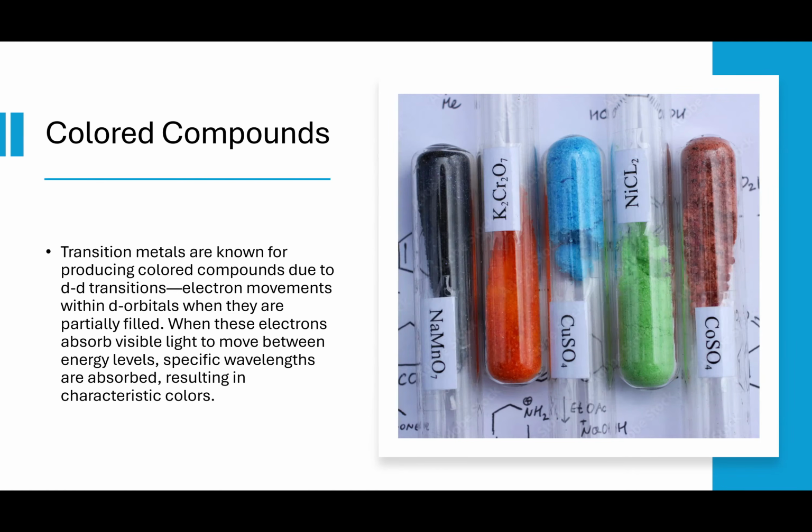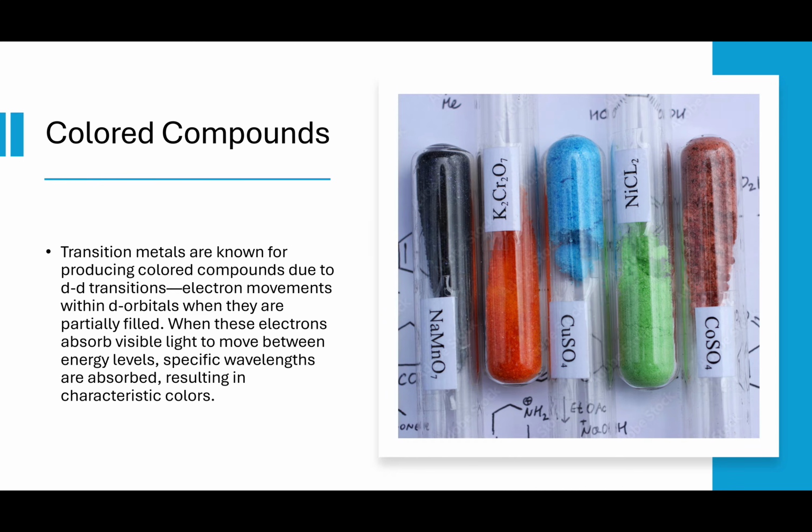Colored compounds as well. Transition metals are known for different types of colored compounds. For example, we're used to our permanganate, our dichromate, our copper sulfate, our cobalt chloride. We're used to seeing ferric iron oxide, which has iron 3+ and is red. Hemoglobin has iron 3+, which is red.